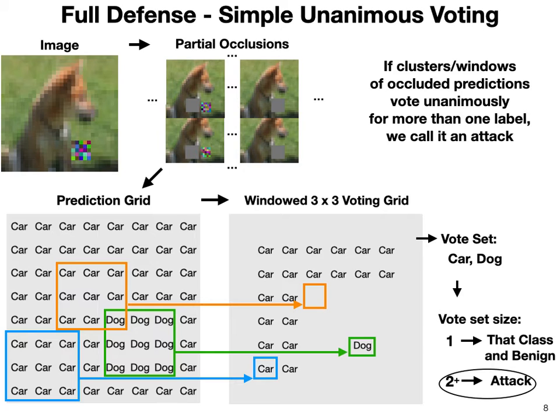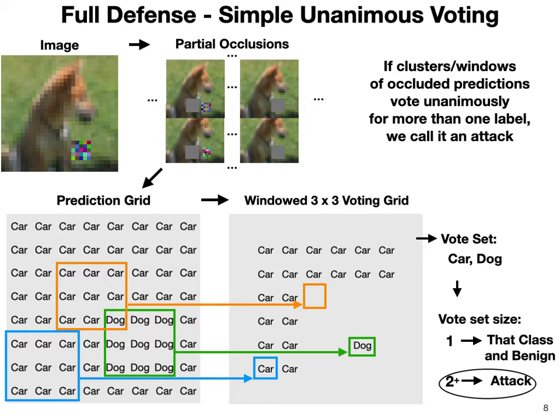If our vote set has size 1, we label the image with that vote and as benign. If the vote set has size 2 or more, we label the image an attack. Here, most of the windows vote for car, while 1 votes for dog. So our vote set has size 2, and we label this image an attack.